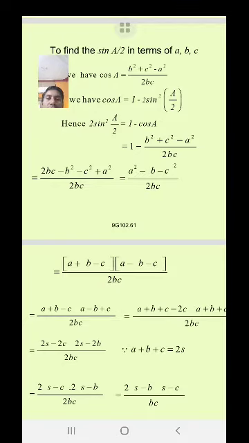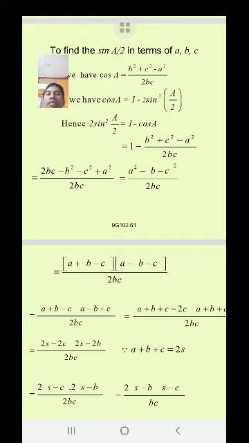See here, actually it is a printing mistake. After the LCM, in the numerator we have 2bc. So 2bc minus b square minus c square. If you observe these three terms, if we take the minus common from these three terms, we have b square plus c square minus 2bc. So b square plus c square minus 2bc can be written as (b minus c) whole square. Here the bracket is missing, so that we are getting confusion.